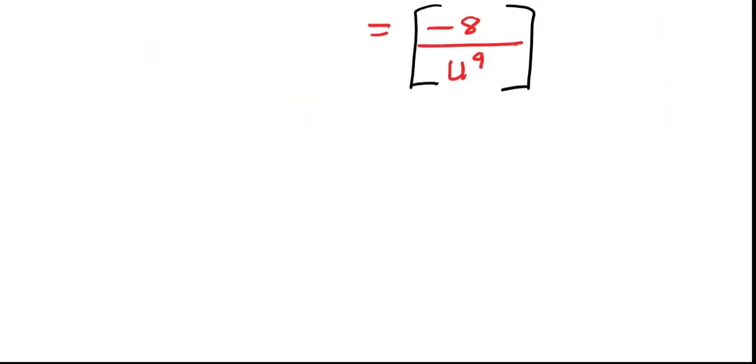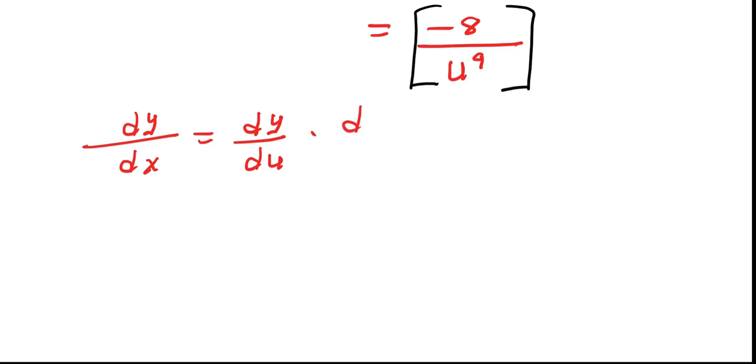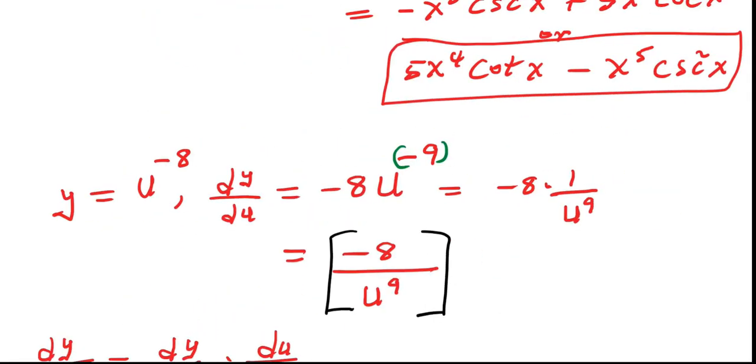So now let's apply the chain rule. We have dy/dx is equal to dy/du times du/dx. We already have dy/du as negative 8 over u to the power of 9. So we can simply transfer that over here, over u to the power of 9, times du/dx, which is also up here.